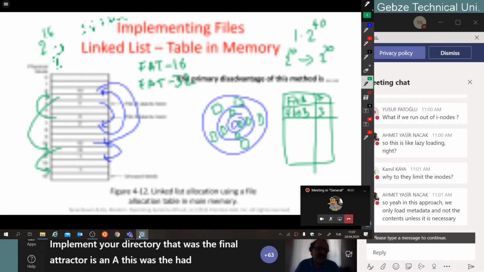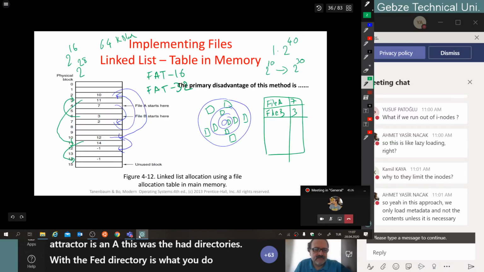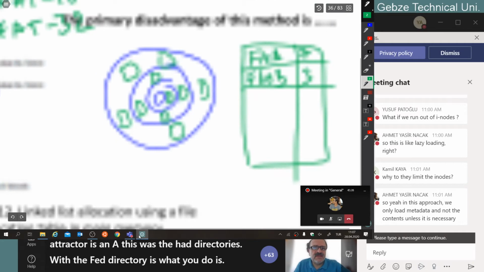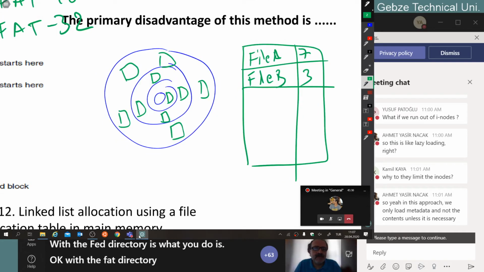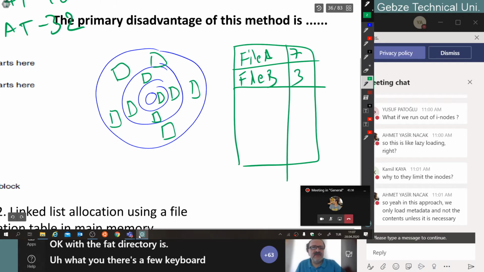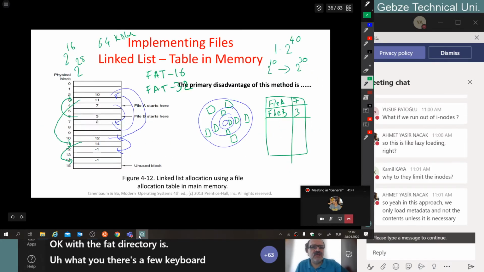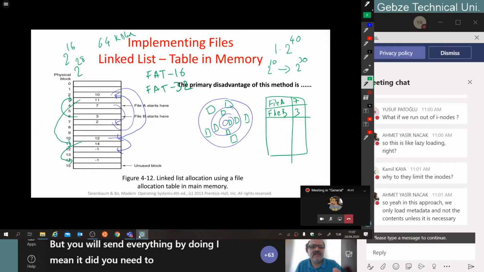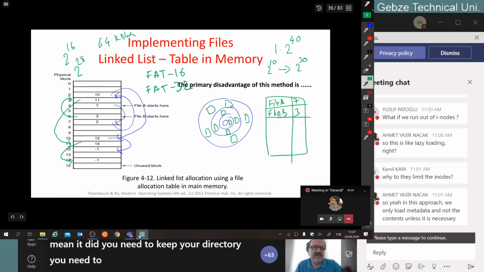With the FAT directories, what you do is you keep all of your files and attributes and everything. By the way, you need to keep your attributes in your directory listing with the linked list approach.